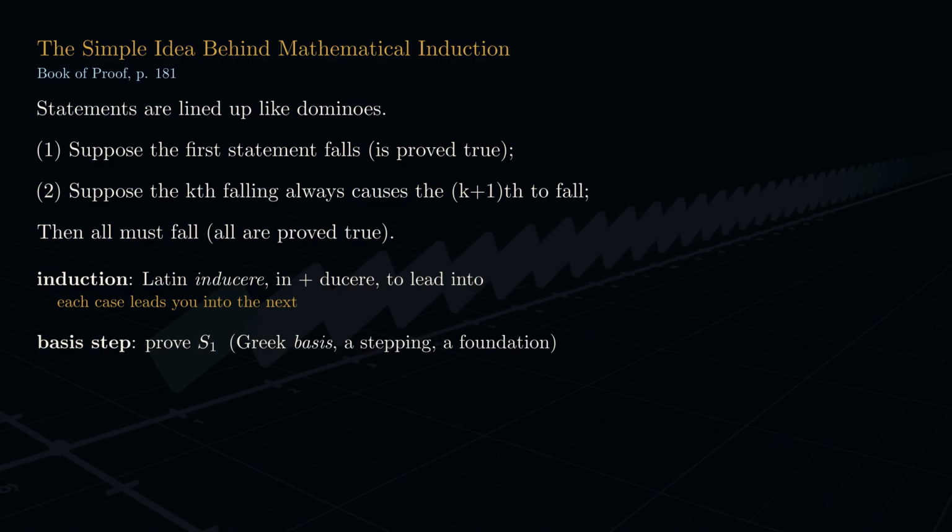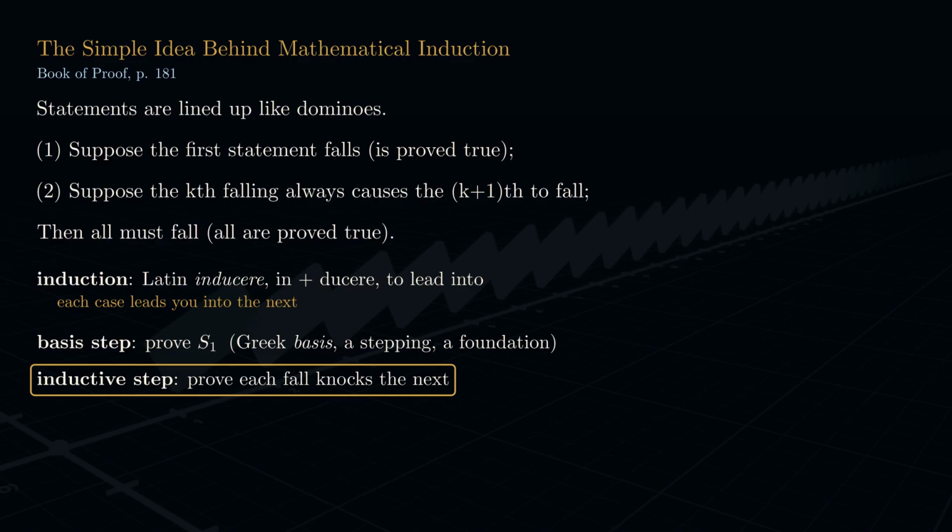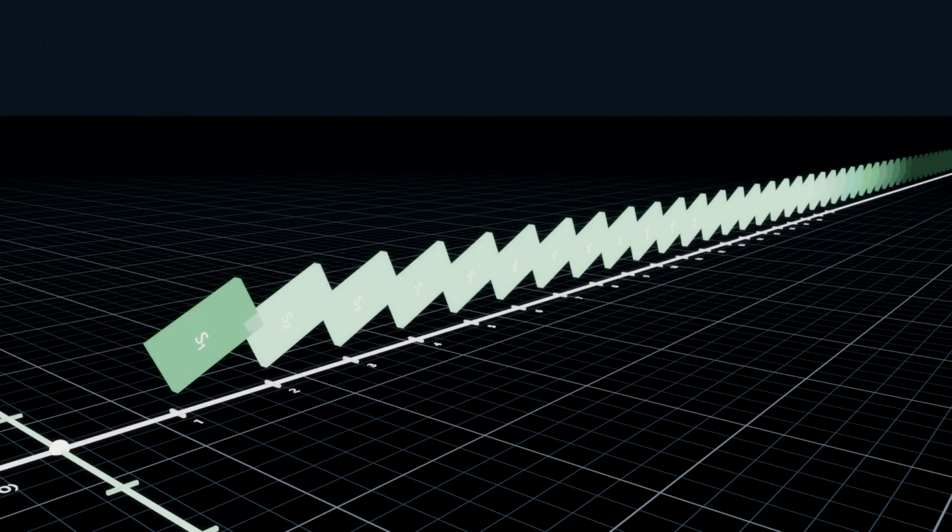Basis is Greek for a stepping, a foundation, the thing everything else stands on. The second job, proving that every fall knocks the next, is called the inductive step. Say them. Basis step, inductive step. Those two words are the whole method, and you now know what each one means in dominoes.